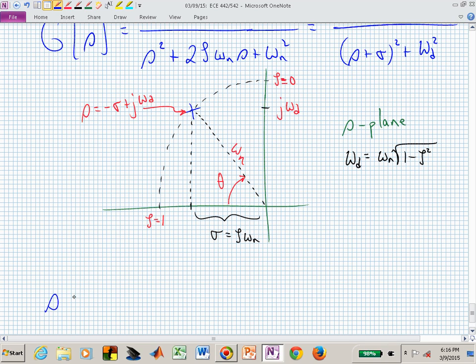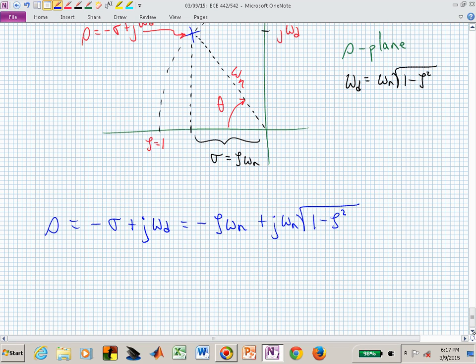Meaning the poles are at, let's say the one that I've indicated is at minus sigma plus j omega sub d, but sigma is actually just minus zeta omega sub n. That's the real distance into the complex s-plane, plus j omega sub n square root of 1 minus zeta squared.